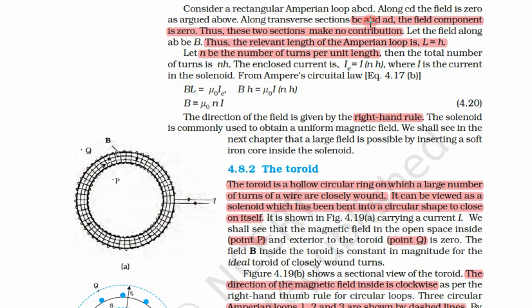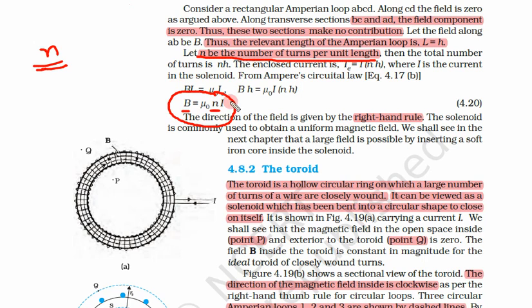If you see here, this magnetic field is multiplied with this number n, which is the number of turns per unit length.